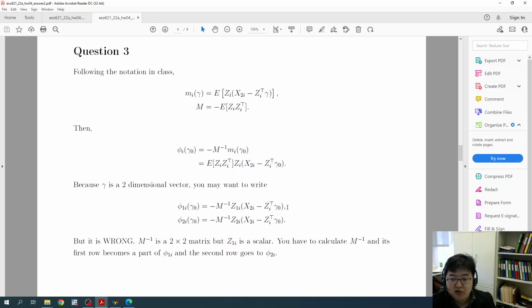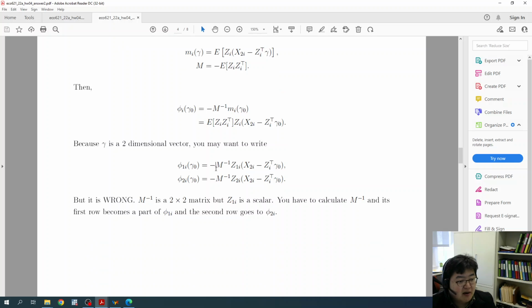It is scalar. The problem here is it is not true, because it is 2 by 2 and scalar, so 2 by 2 and 1 by 1 do not match. You cannot calculate this. So this is where the difficulty arises. I think when I made this question, I thought this is how we get it, and that was my mistake.